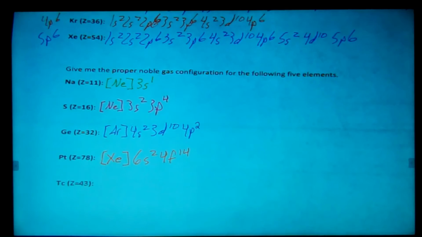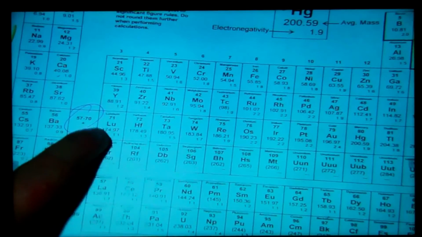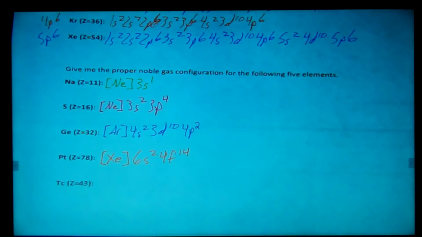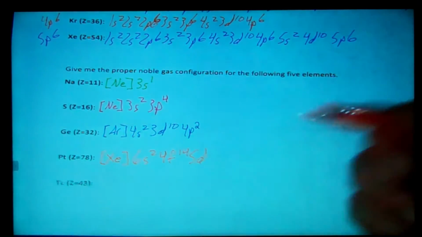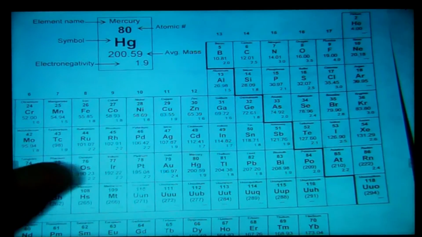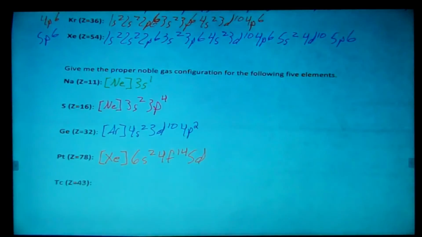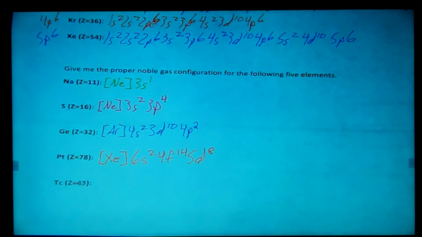After the 6s, it tells you to go to the f block. 4f14. And we're going to 5d. And I am 1, 2, 3, 4, 5, 6, 7, 8 in. So 5d8.